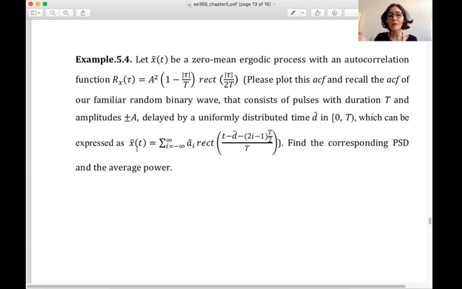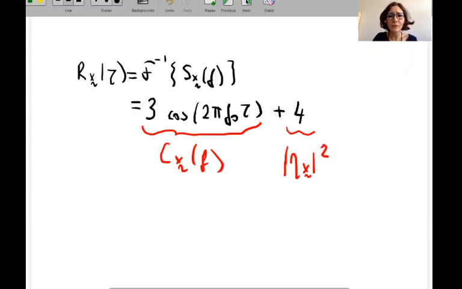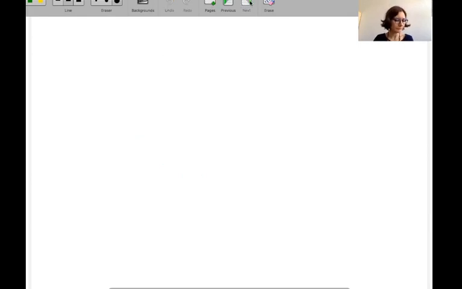But then we introduced some delay to this random process, and then we looked at the properties of the random process. So I would just like to remind you the corresponding random process we studied earlier in class. So let's recall this random process.